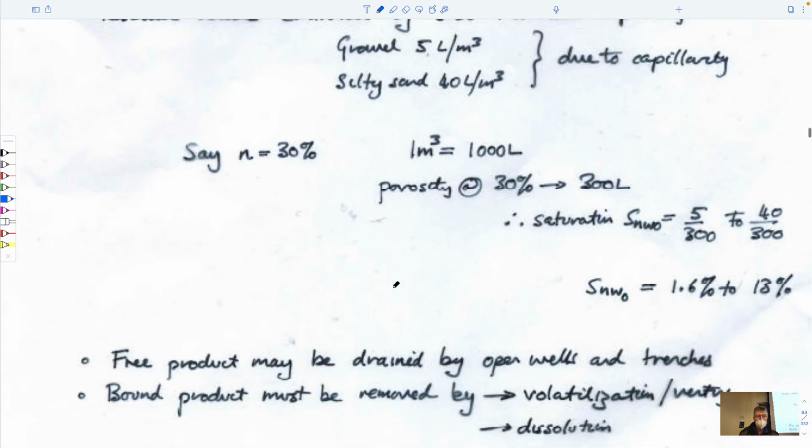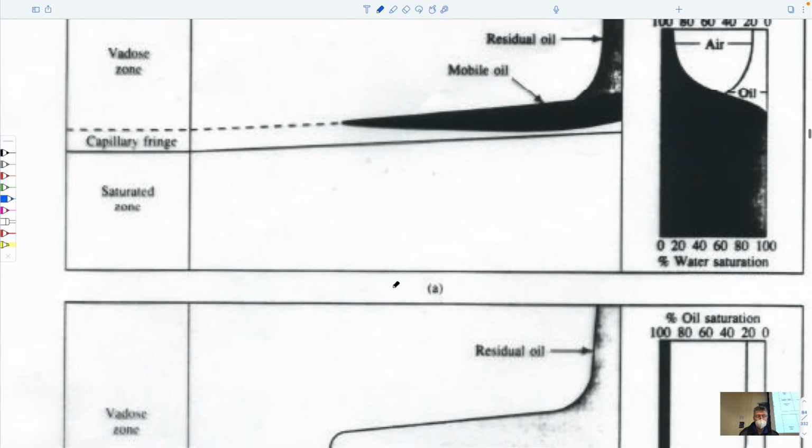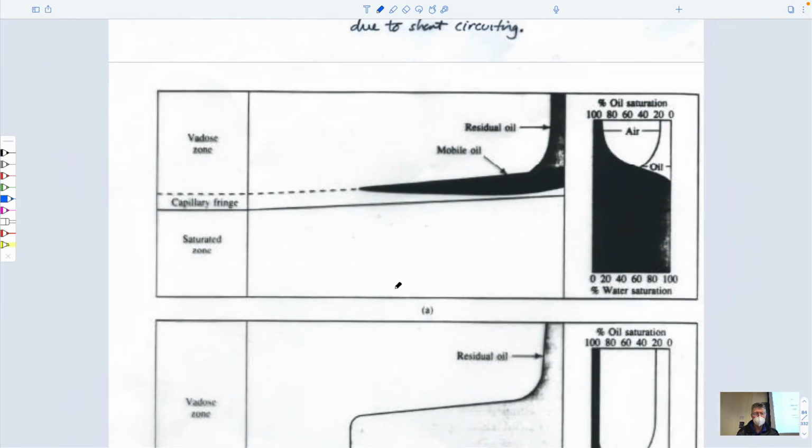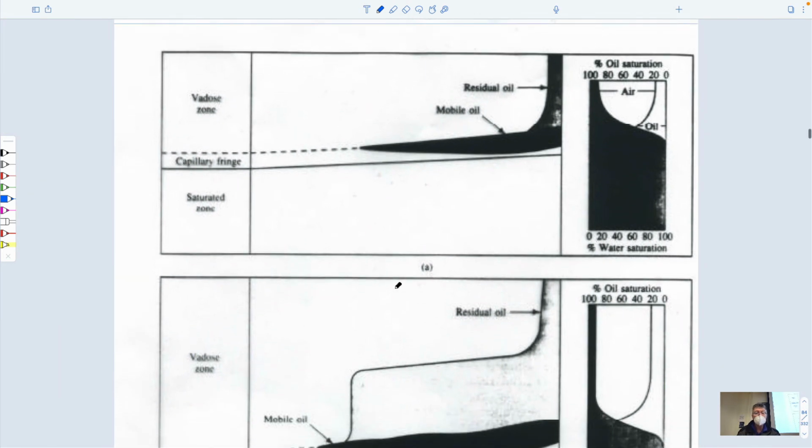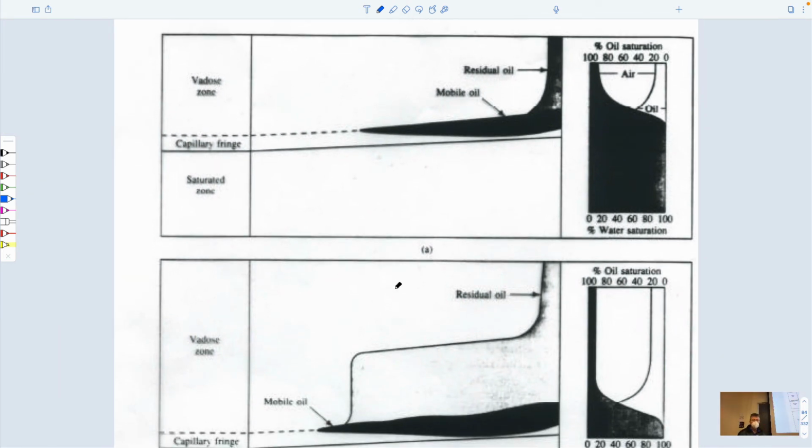So, I'm lagging terribly behind in terms of time, but the stuff that we have to talk about is perhaps pretty straightforward. So we talked about the distribution of components in the subsurface. This would be exactly the same as we've done before for gasoline, just shown in a slightly different way. So in the top part, it's mainly air saturated.